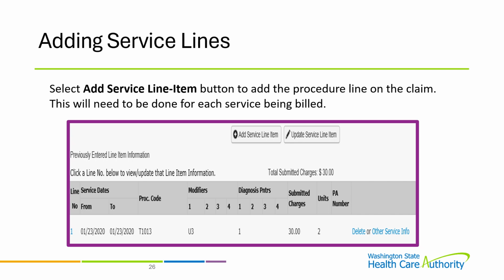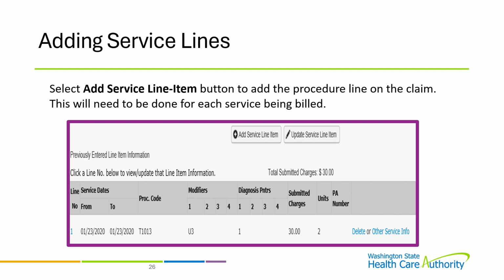When adding service lines, make sure you have filled in all the required fields: date of service, procedure code, modifiers, diagnosis pointer, charges, and units. Once you have double-checked that everything is correct, select the Add Service Line button.